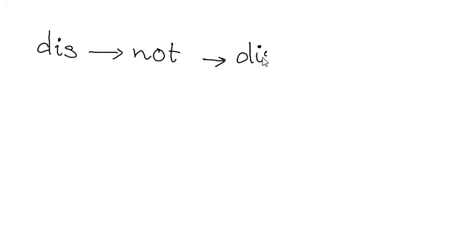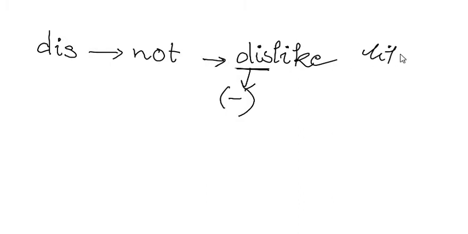The third word is dis. This means not, right? The word will be dislike. I dislike eating this cuisine, or it's like, no, I don't want it. It becomes a negative sentence. Like means to like something, like I like to eat ice creams.